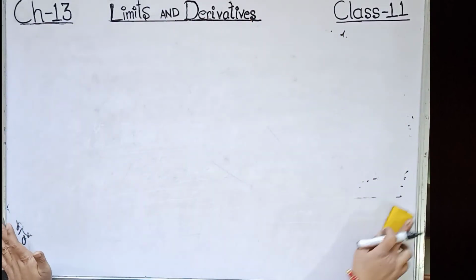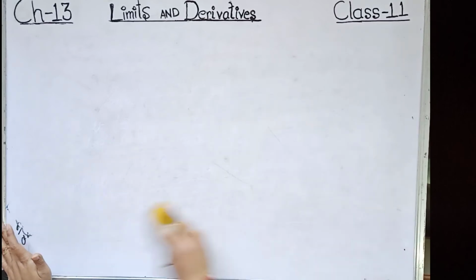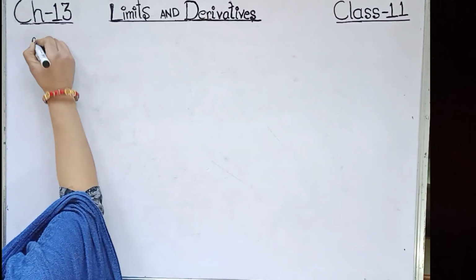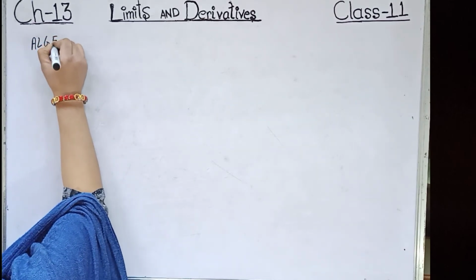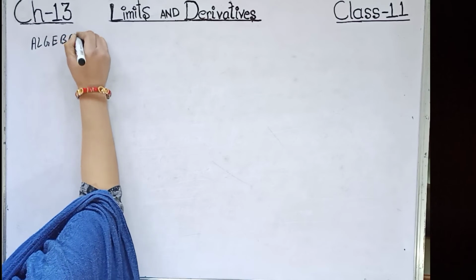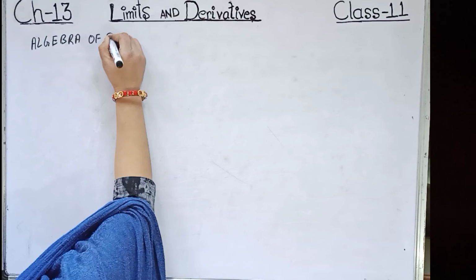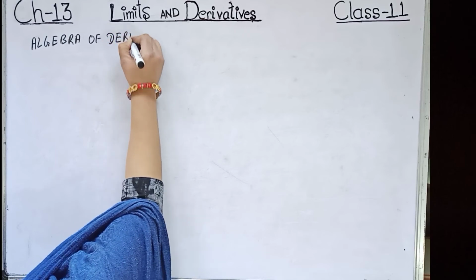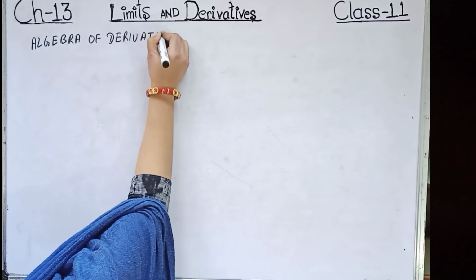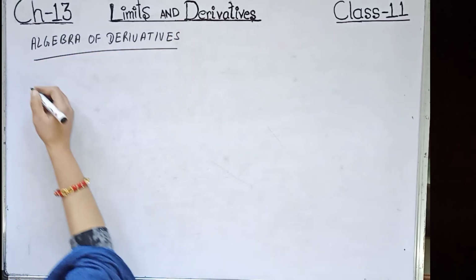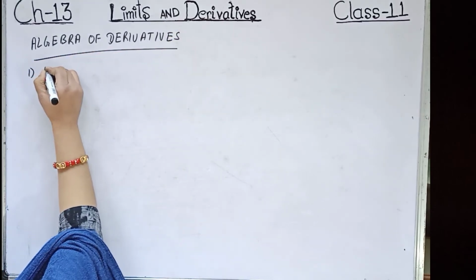Now let us know some rules of differentiation. So this is called algebra of derivatives of functions. Algebra of derivatives. Okay. So number 1, sum rule.